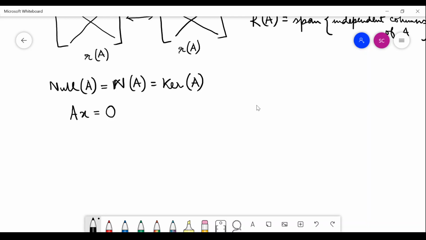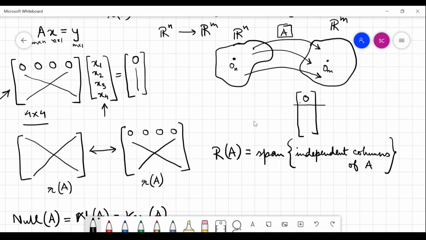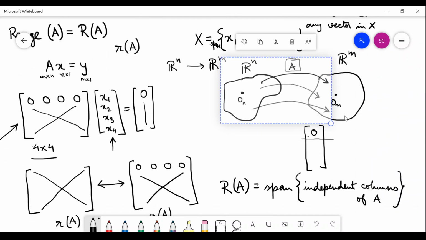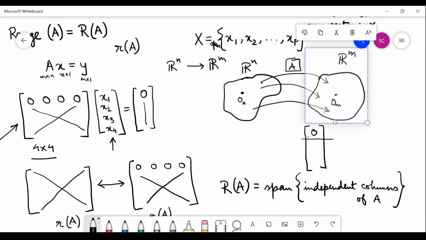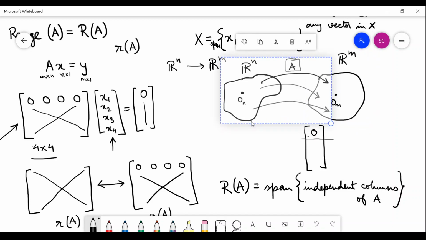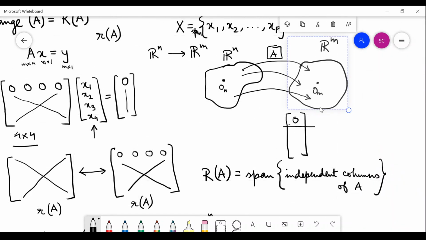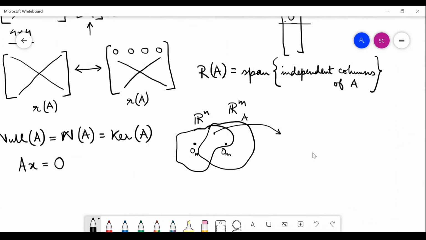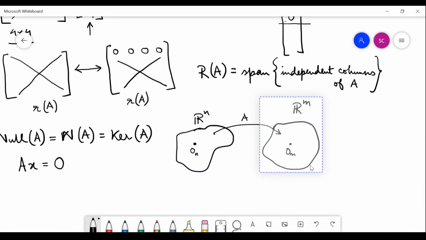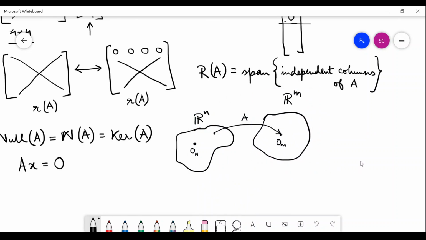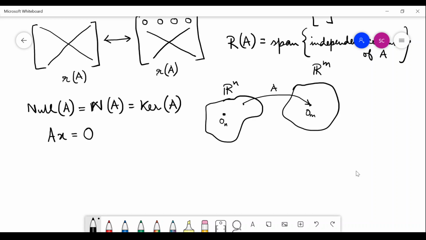So again we have the same picture. If I have A as m cross n, this is n cross 1, this is m cross 1, the 0 of m cross 1 dimensional space.